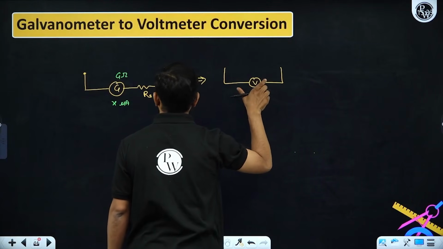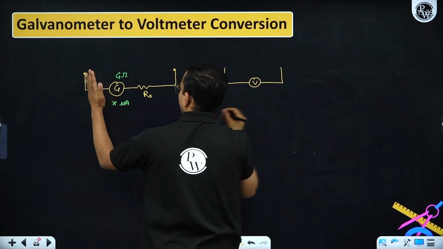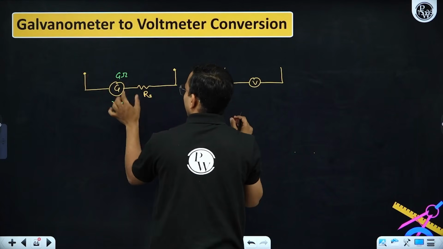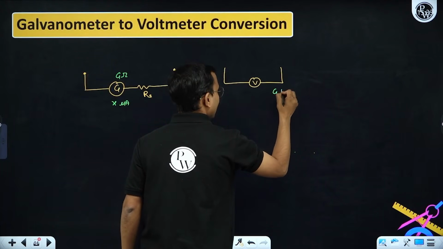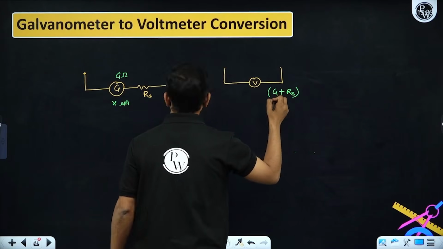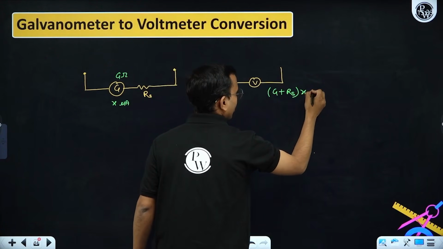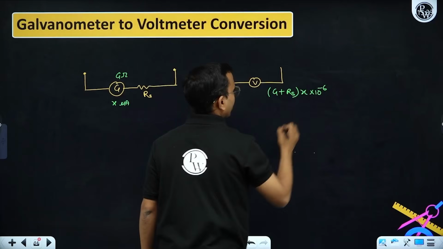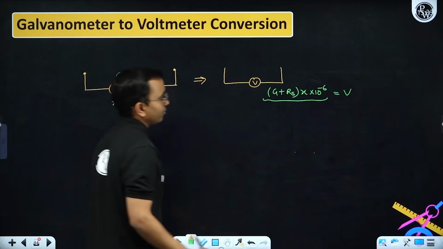Now what will be the rating of this voltmeter? The voltmeter will have a rating of how much maximum potential will be there across this: the total resistance into the total maximum current. So this is G plus Rs into the maximum current x microampere. This much will become my rating of the voltmeter.